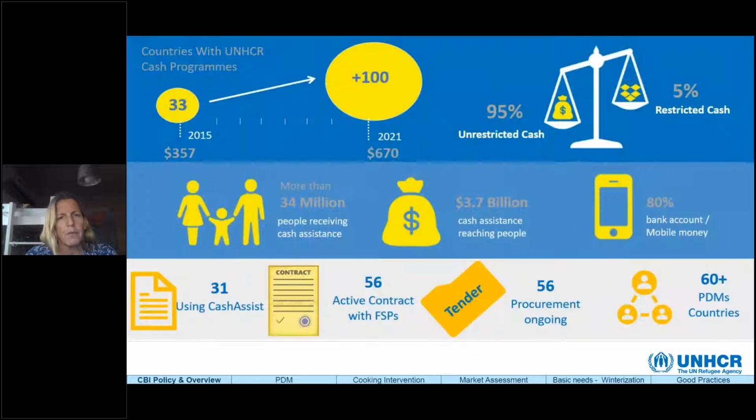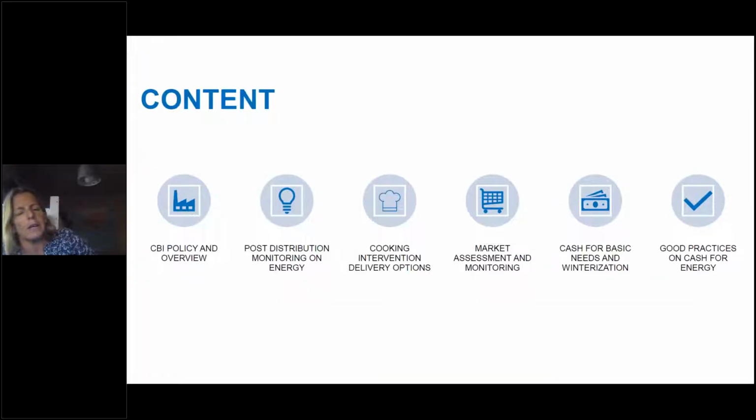So I guess the key message here from the cash side is: cash works. We know that we are doing $700 million a year in cash. We do a lot more cash than in-kind. We know that refugees prefer cash. We know that markets come. If there is a cash flow, often markets come.